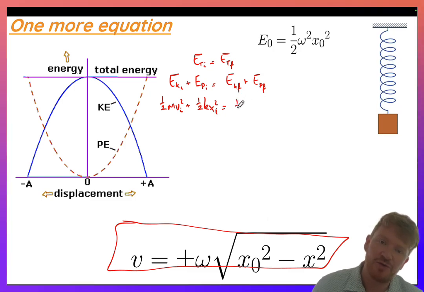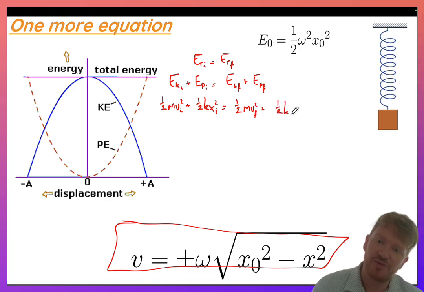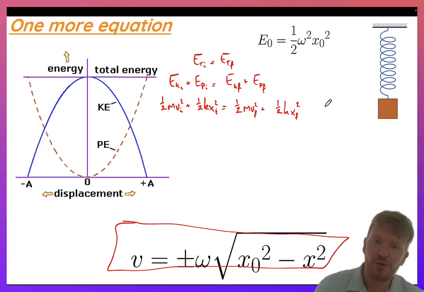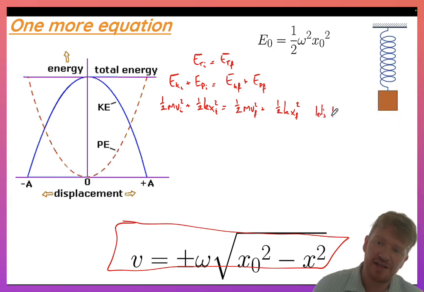That is equal to a half mass times the final velocity squared plus a half times the spring constant times the final extension squared.